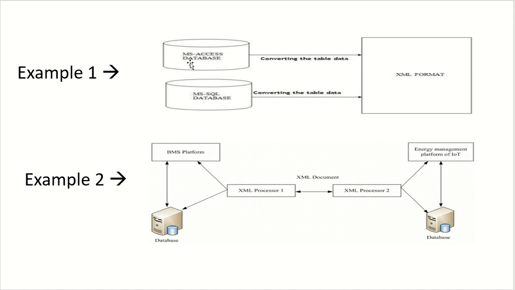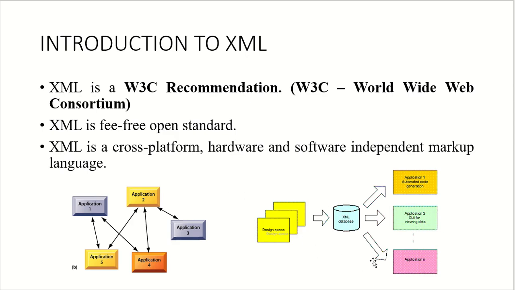Now if the client of the MS Access database wants to communicate with the MS SQL database client, then they both will convert their table data into XML format. This diagram shows that all the databases will convert their data into XML, then XML can communicate with any application it wants.